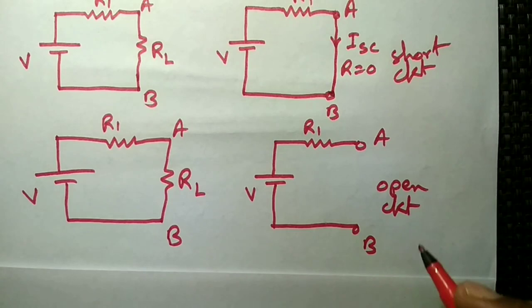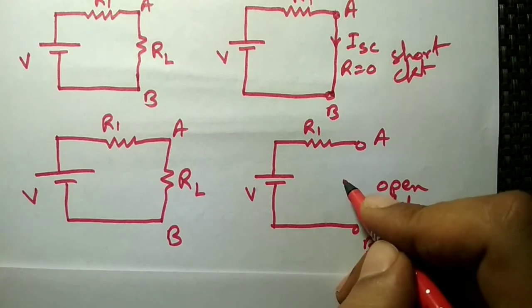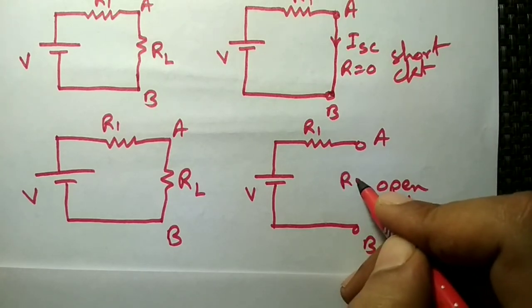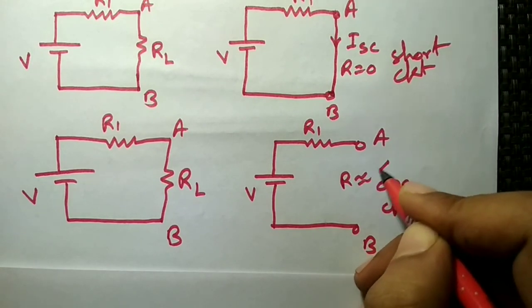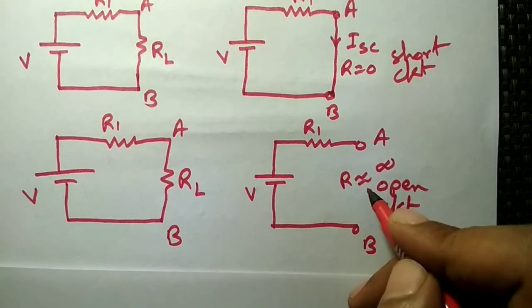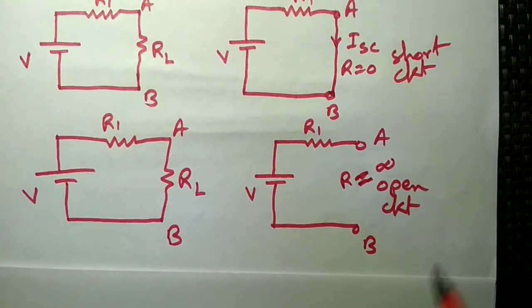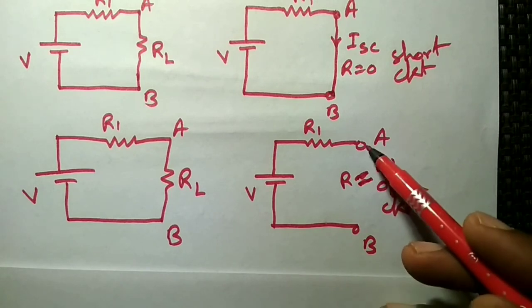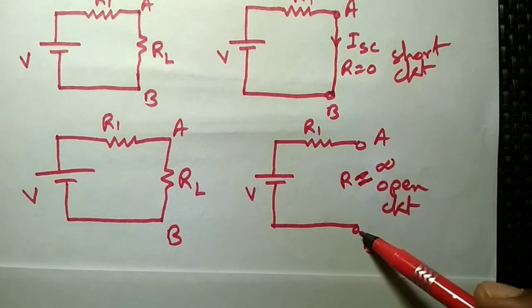And remember one thing, for the open circuit condition, the resistance between A and B is considered as infinity. And as the resistance is infinity, in case of open circuit, no current will flow between the A and B terminals.